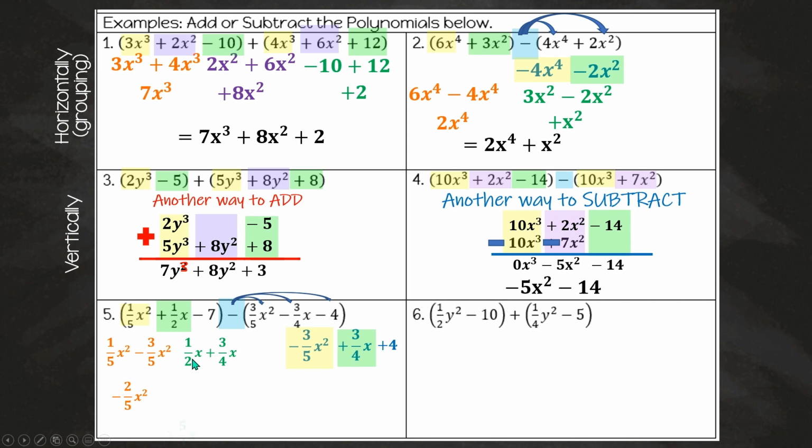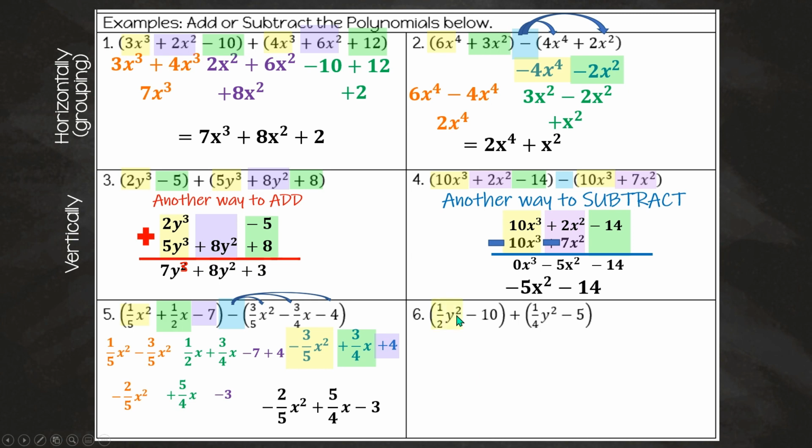So 1/2 is going to become 2/4. 2/4 plus 3/4 is 5/4. If you struggle with fractions, I recommend using a calculator. And then -7 and a positive 4, I'm going to get a -3. So my final answer is -2/5 x squared plus 5/4 x minus 3.